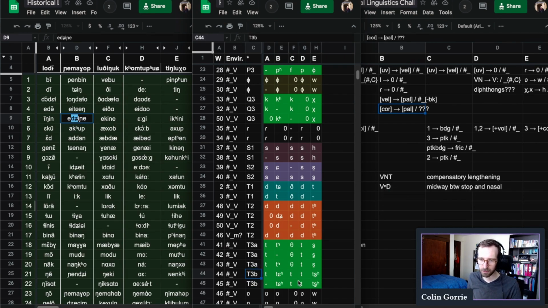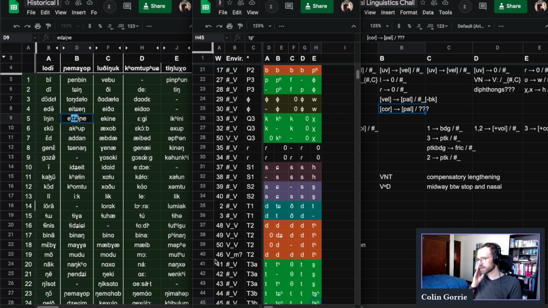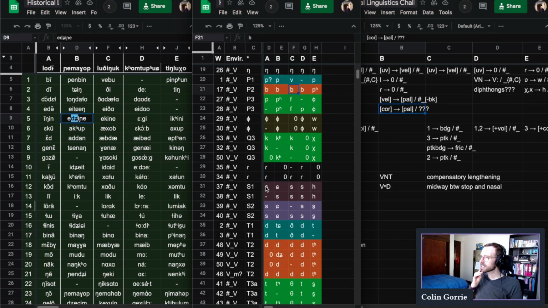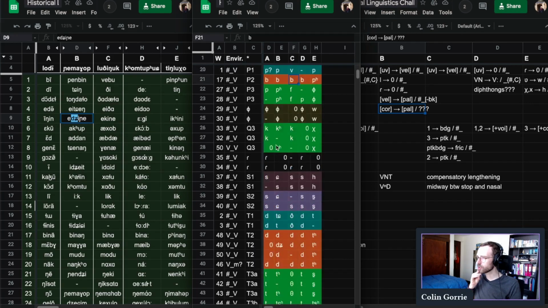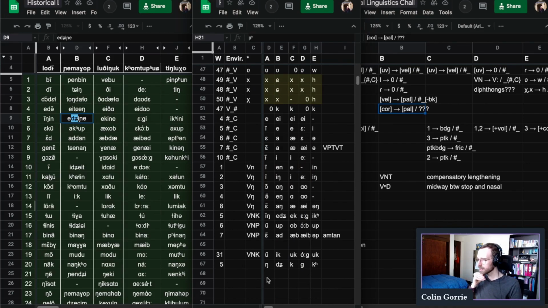T3B may be wrong. These may not be of the same kind as the rest of T3. That's why I call them T3A and T3B. I think there may be some difference between the two. But regardless, it looks like we're dealing with something like this T2 series, which we have voiced, voiced, voiced, voiced, aspirate. What do we have here? Nasal, voiced, voiceless, voiced, aspirate. So 3 out of 5 ain't bad, I guess.